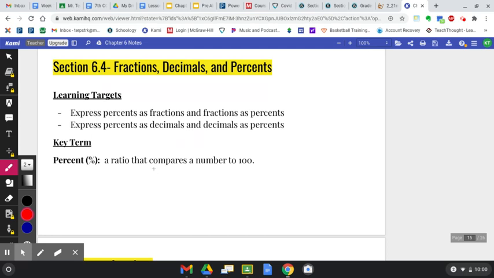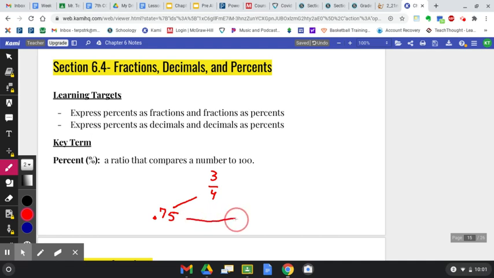A percent is just a ratio that compares a number to 100. For example, 3/4 is a fraction that I have, but I can represent that as a decimal. If I type in 3 divided by 4, my calculator tells me 0.75, and we know that's 75 hundredths.